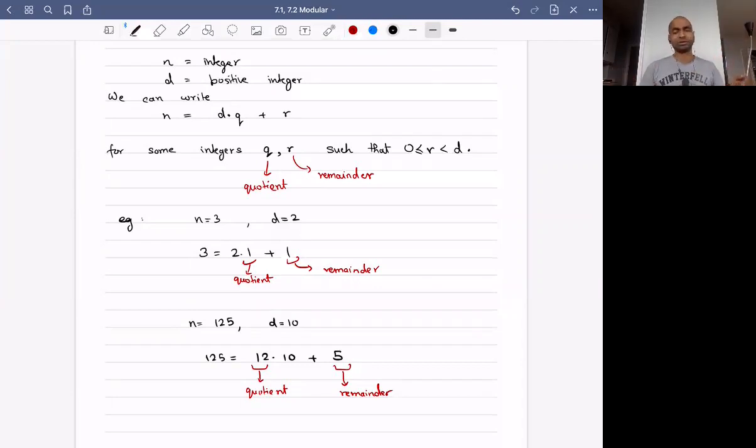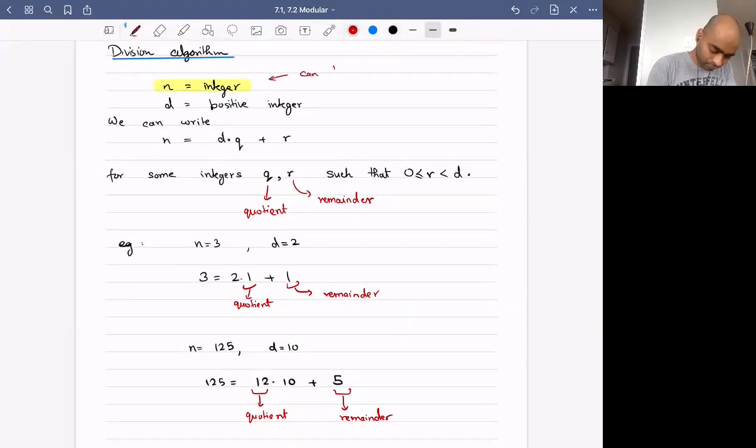That is, you allow n to be a negative number, but you restrict your divisors to only positive numbers. And that's just a convention. There is no deep reason for doing this. It could easily have been the case, if we had done math slightly differently, that we restricted n to be positive and allowed d to be negative. But that's just convention. Okay, with that being said, now n can be negative.